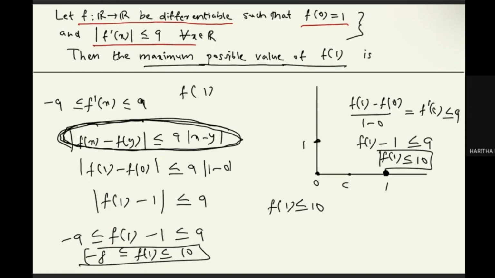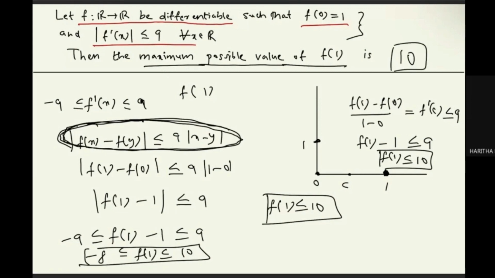Otherwise, what we proved is that if such a function exists, f of 1 is less than or equal to 10. So f of 1 can be 10 or 9 or whatever less than 10. It is our job to ensure that there is at least one function having this property. Then only you can say the answer is 10.